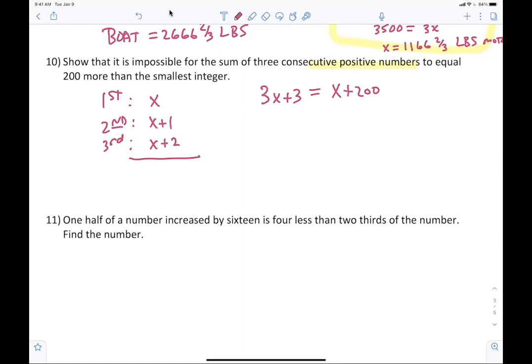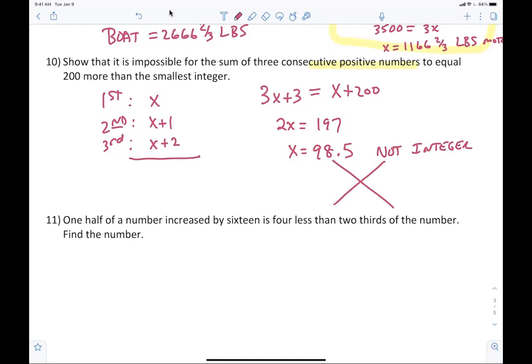So now if I solve that, 2X is equal to 197. And if I divide that by 2, I get 98.5, I believe. Is 98.5 an integer? No. Therefore, it doesn't work. That's not possible. Would that be no solution? Yeah, it is no solution. That's exactly correct.